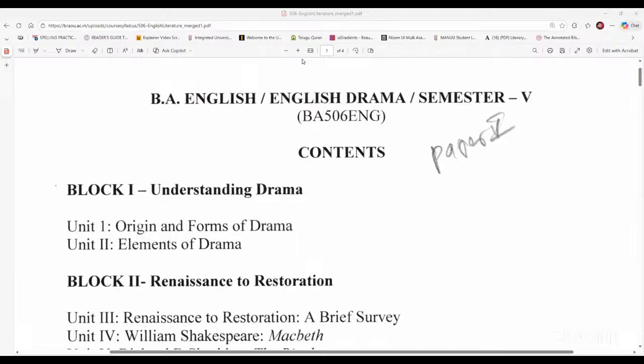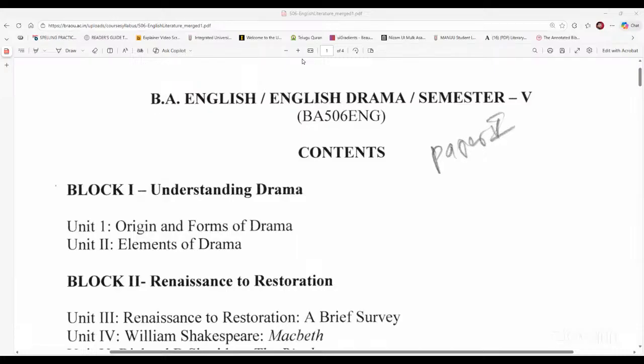So, this kind of dichotomy we find in drama and in other forms of literature, which drives the whole plot forward, the whole story forward. This conflict is the driving force basically in the drama.